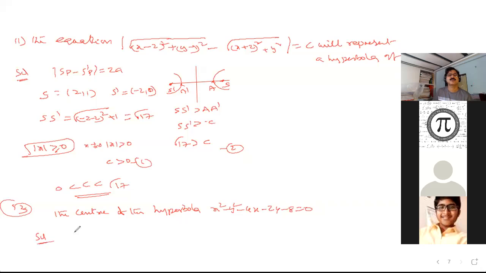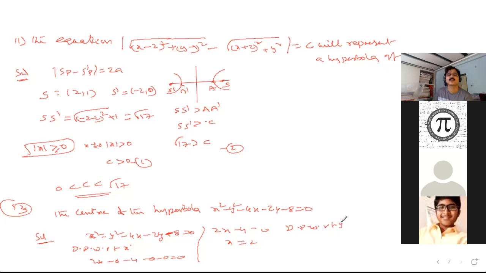What are we supposed to do for this question, sir? The center of the hyperbola, he said. So partial differentiation. If you differentiate partially with respect to x, you get 2x minus 4 equal to 0, so x is equal to 2.